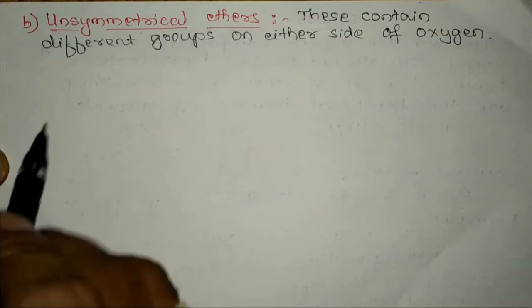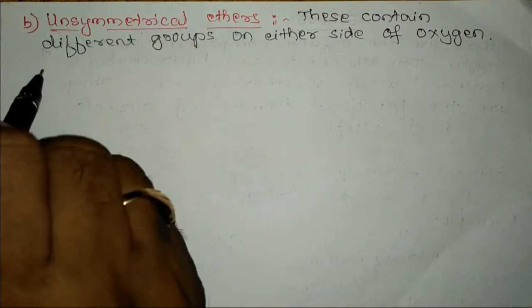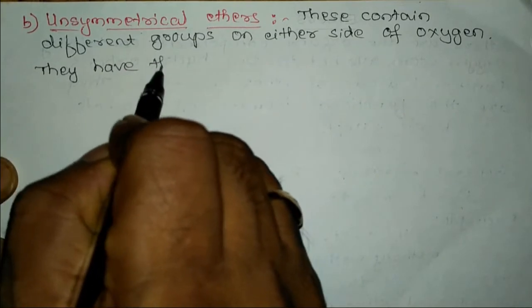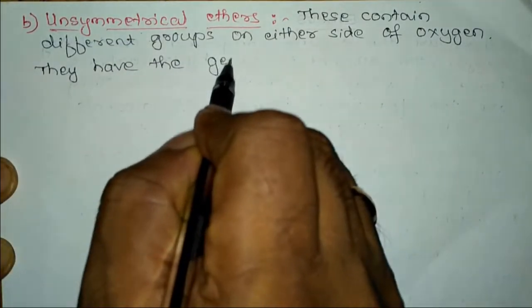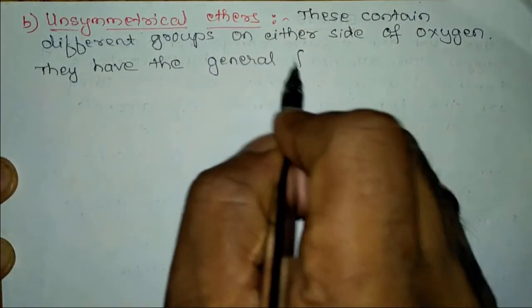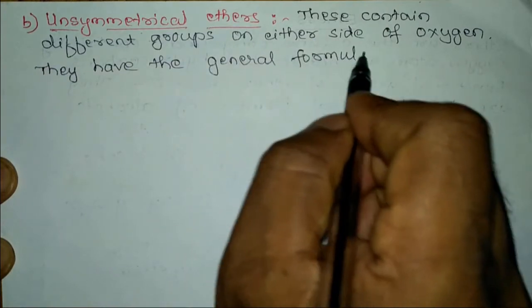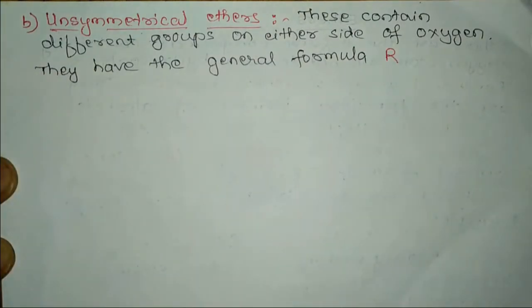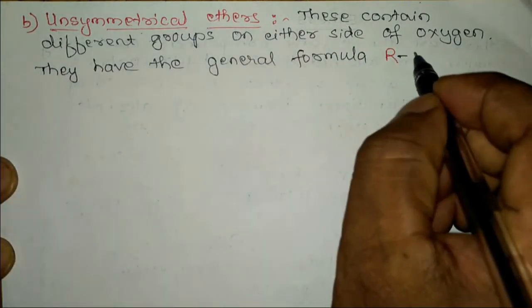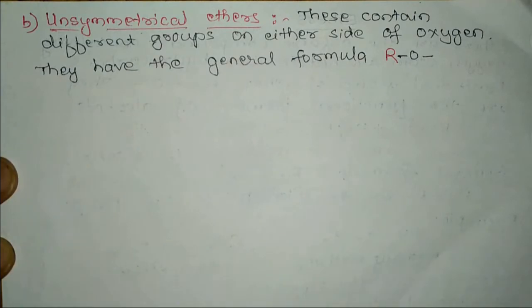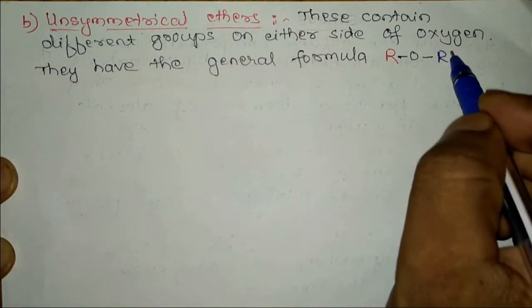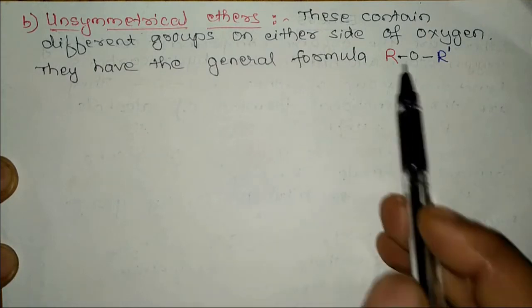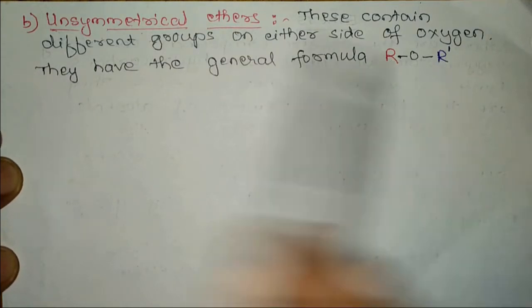They have the general formula ROR dash, where R and R dash are different.